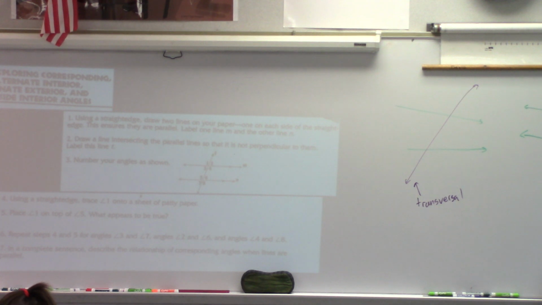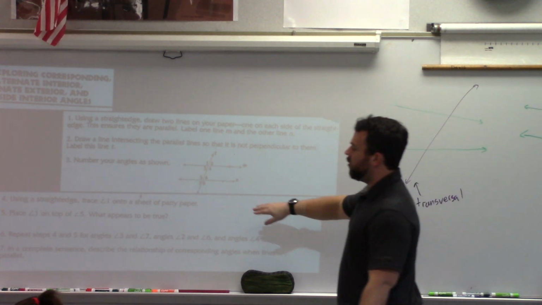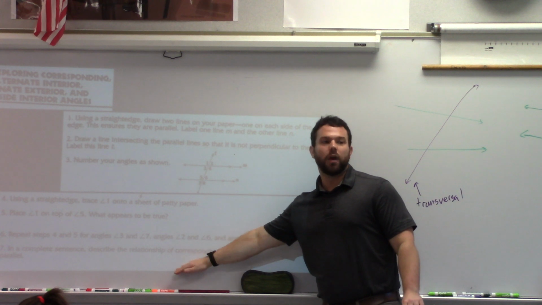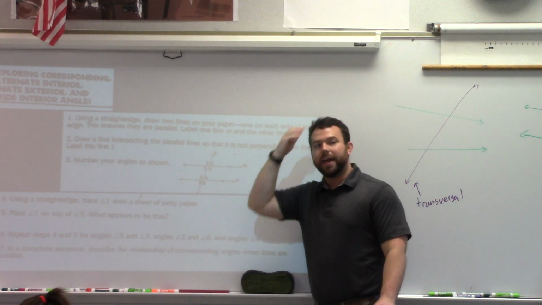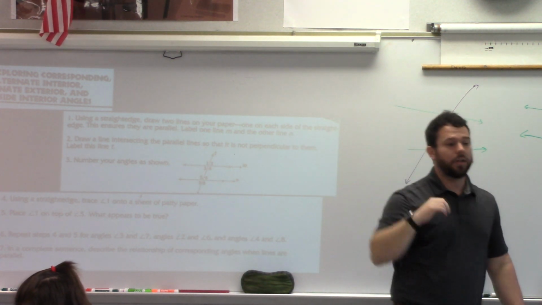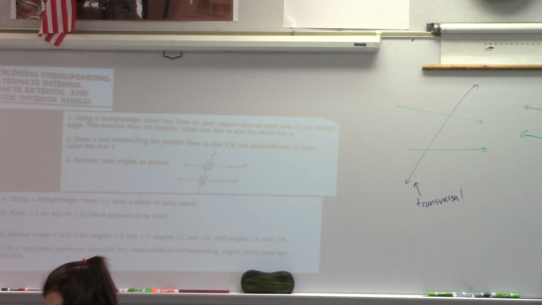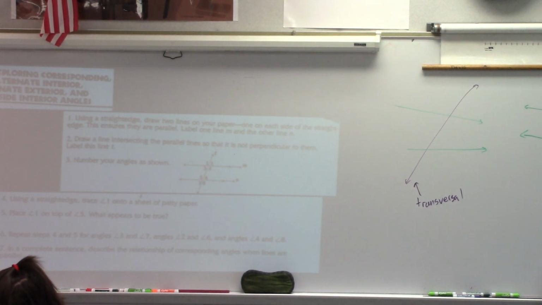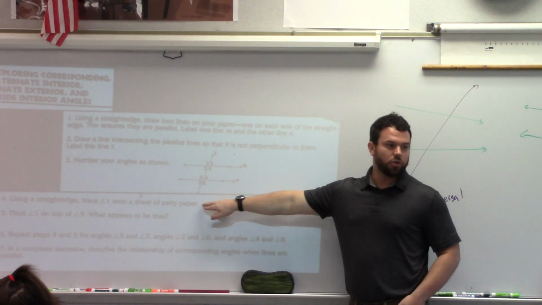Notice I did it in the middle of my patty paper. You will need the other pieces of patty paper for other angles later. Once you trace your angle, start following these directions. I'm going to come around and check on you, but you need to follow the directions on the paper. Using a straight edge, trace angle 1.